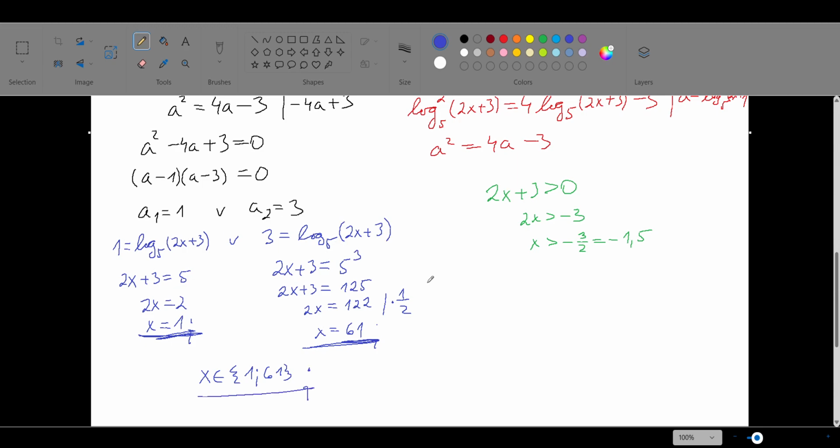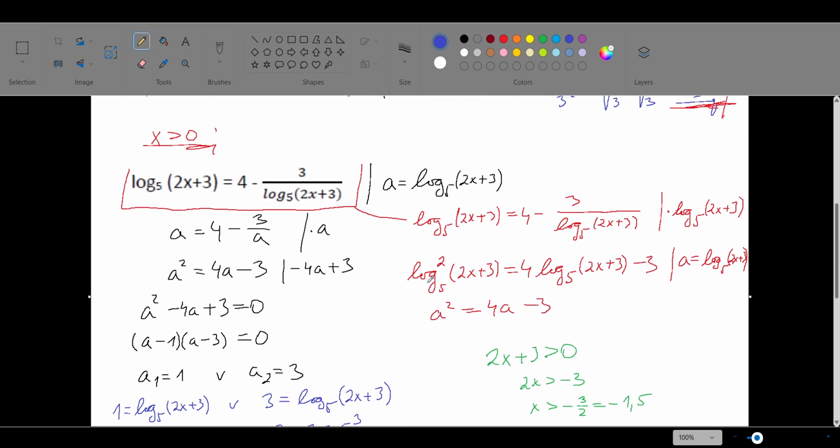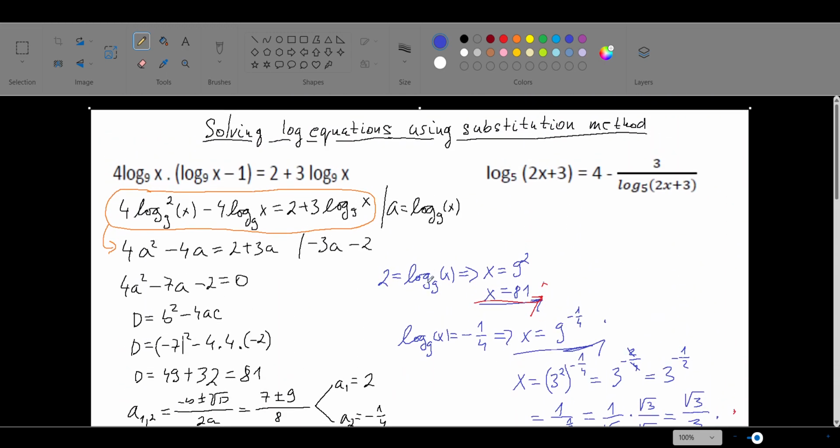Okay, so this is basically everything you should know about solving logarithmic equations by using the substitution method.